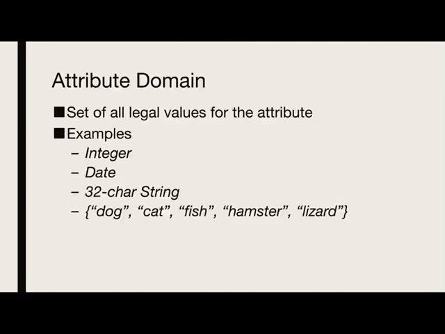It can also be an actual set of legal values, like all the countries or these particular 5 pets that I've shown in this set. So every attribute has a domain that you note for that attribute.